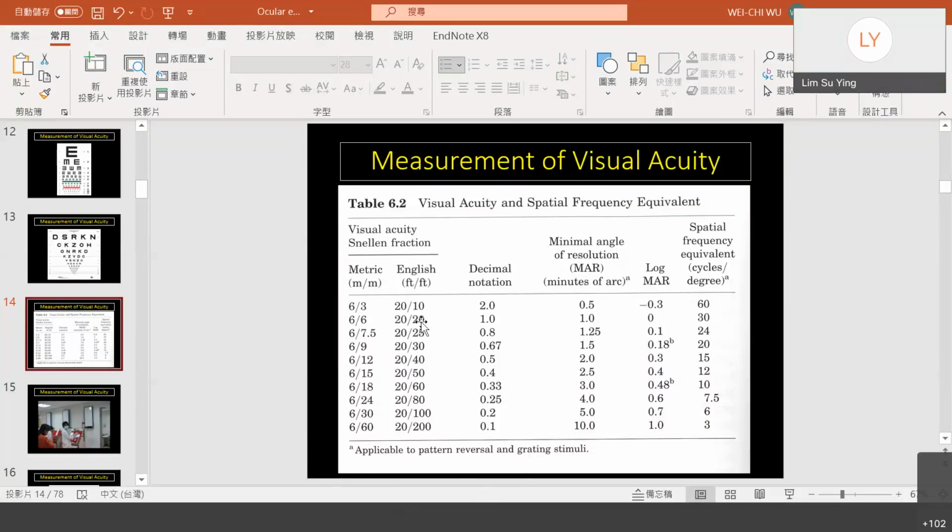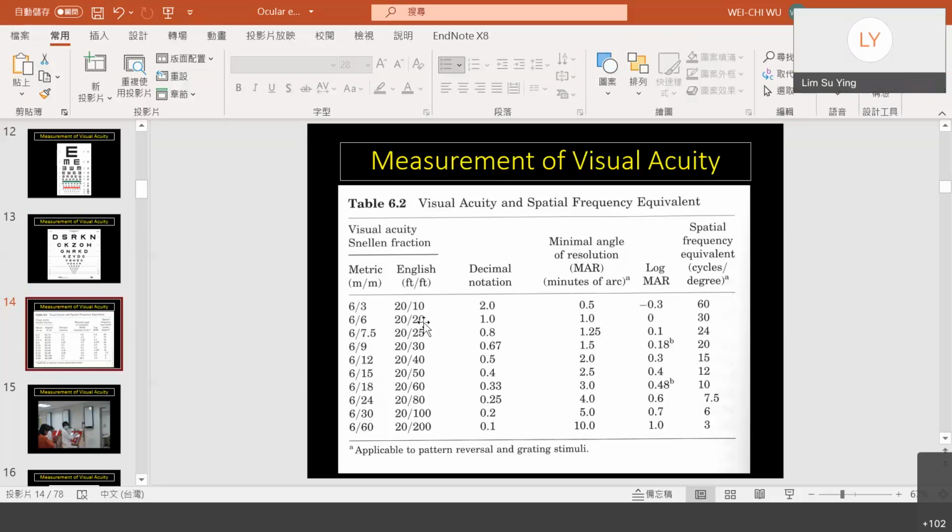Let's say if a patient has a vision of 20/20 or 6/6, depending on which system you use, they are basically identical. If you use meters, this is 6/6. If you use feet, that's 20/20. So do you know what this means?